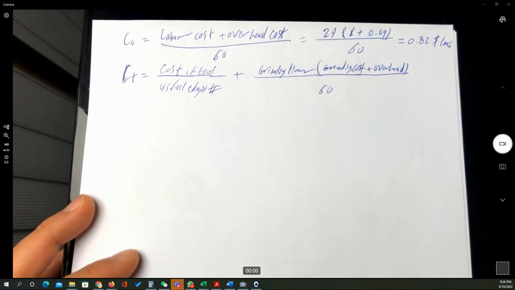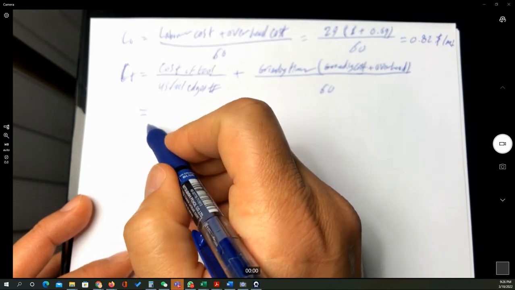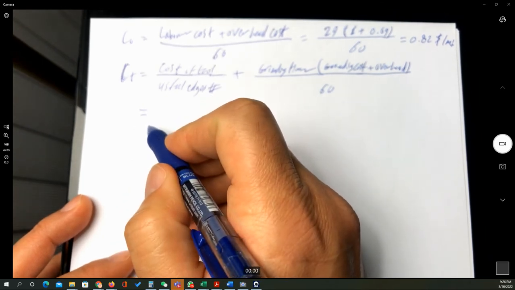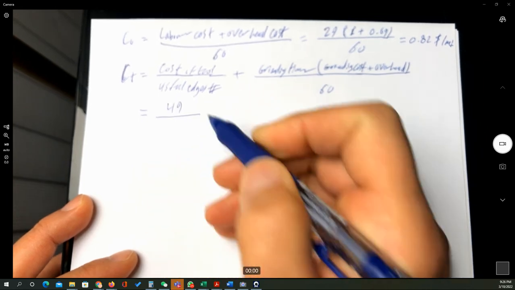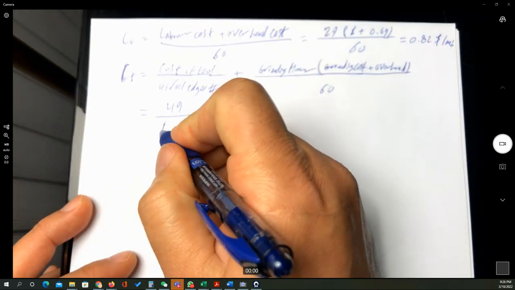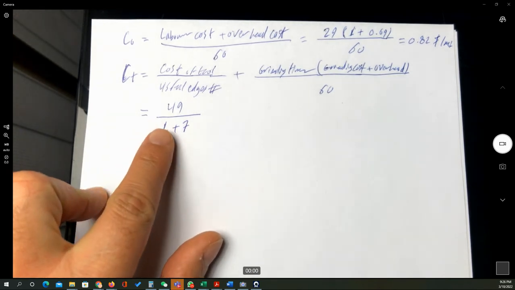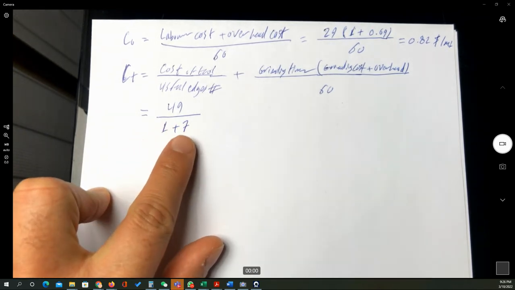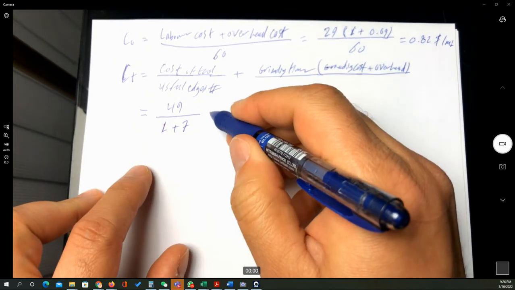Now we're going to do the same thing. The cost of the cutting tool we have here was $49. The tool can be ground 7 times before it's going to be thrown away, so we're going to have 1 plus 7. Now we have one fresh edge in the cutting tool when you buy it, and you can grind it 7 times. Everybody is going to have the same number.